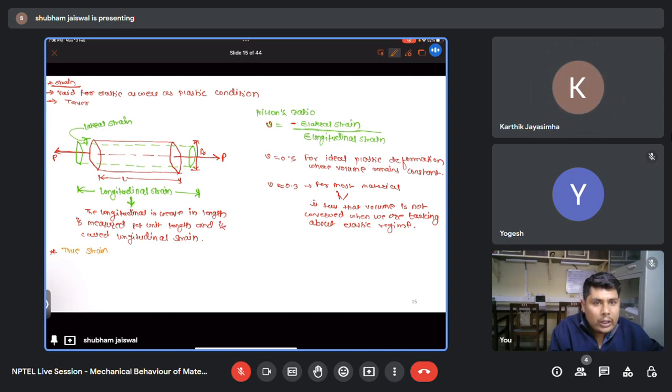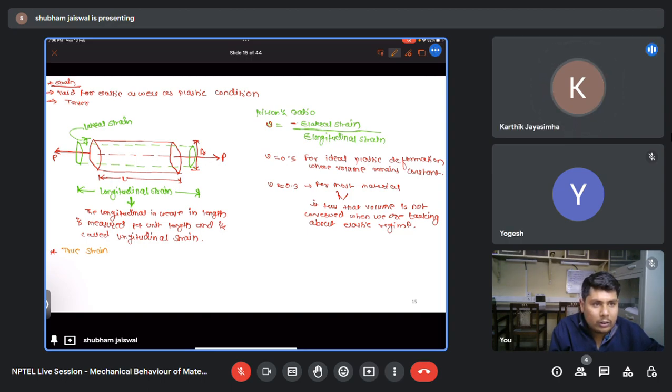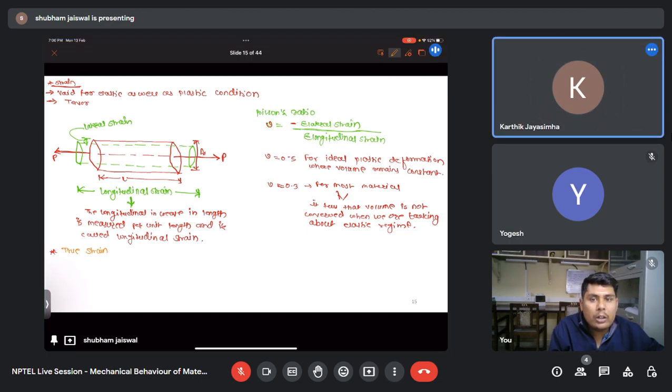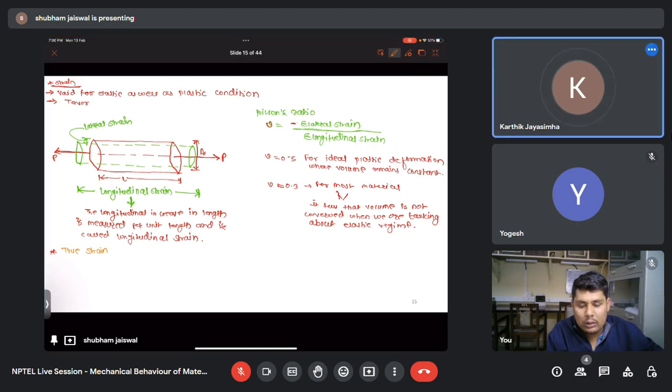If I take the lateral strain, it is decreasing, so it comes out to be negative. So that minus will take care of that negative. It comes out to be positive. In the same way, when we apply the compressive load, the longitudinal strain will decrease, means it will compress, so length will decrease, so it comes out to be negative. So that minus also at that time will take care of it. Okay, sir. Thank you.